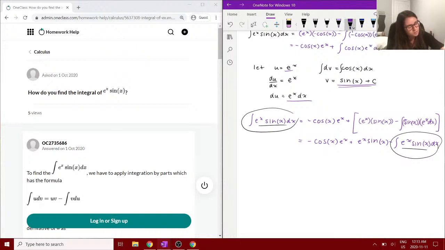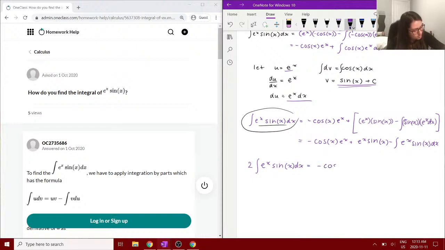So that's what I'm going to do. And when you add this term to the other side, you actually get 2 times the integral of e to the x times sine x dx.